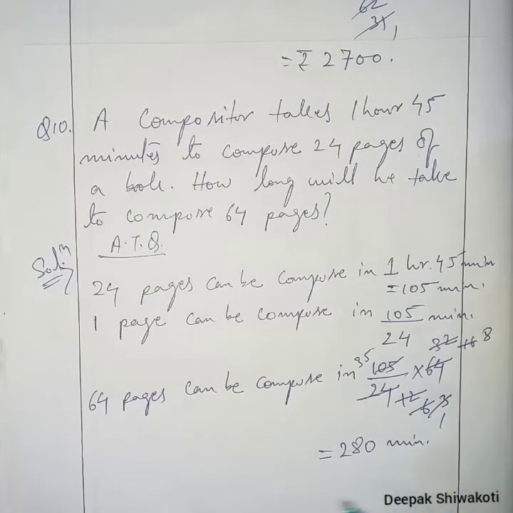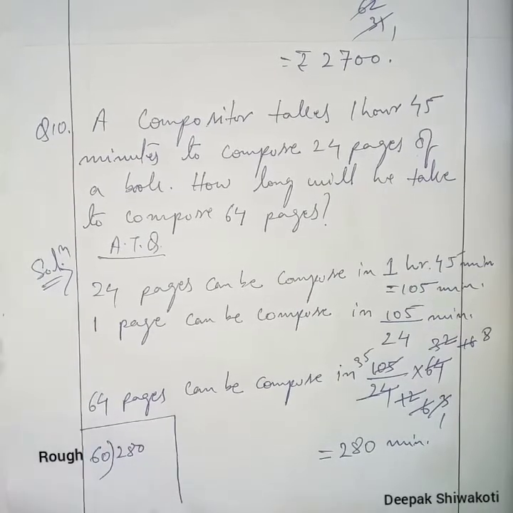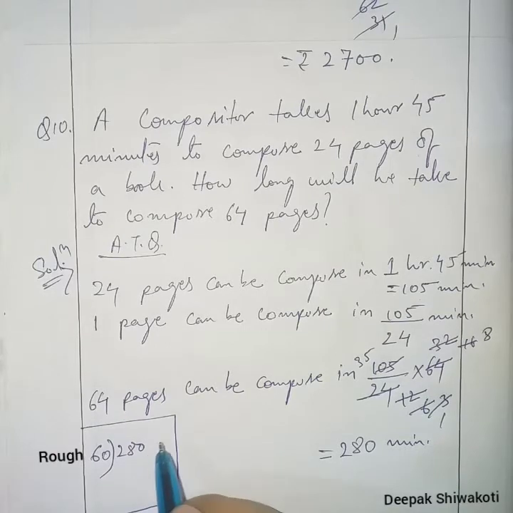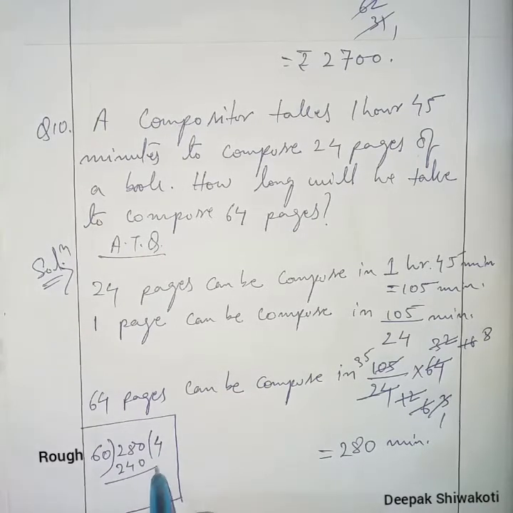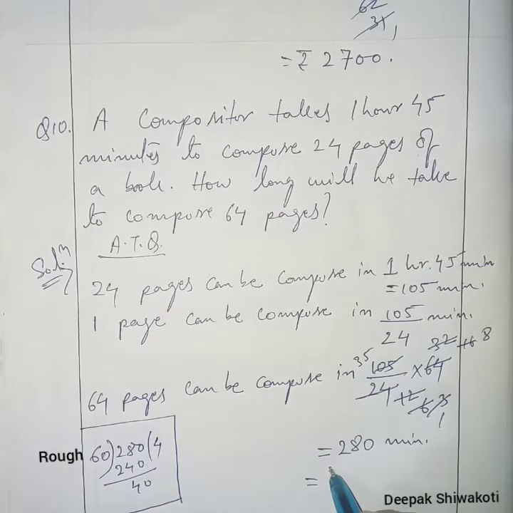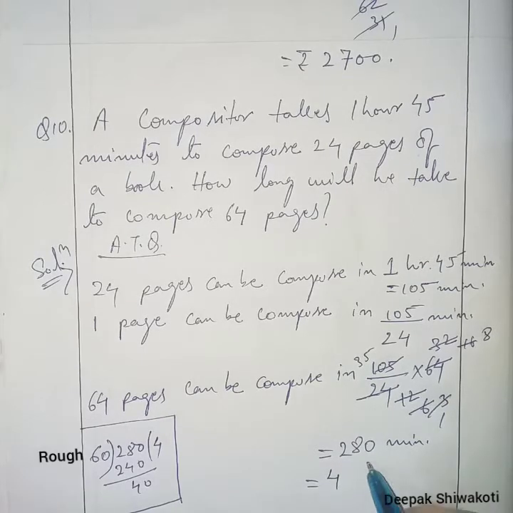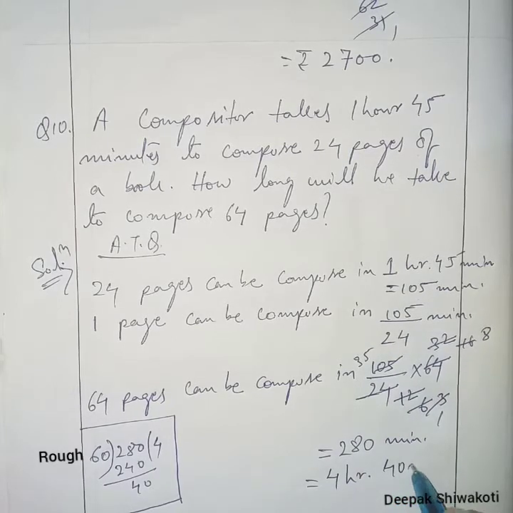So when we divide it by 60 we get, let me do here, 60 4 times is 240, 40. So 4 hour 40 minutes. This is in hour, this is in minute. So 64 pages can be composed in 4 hour 40 minutes.